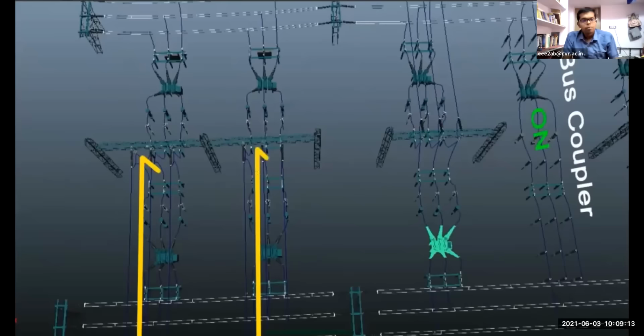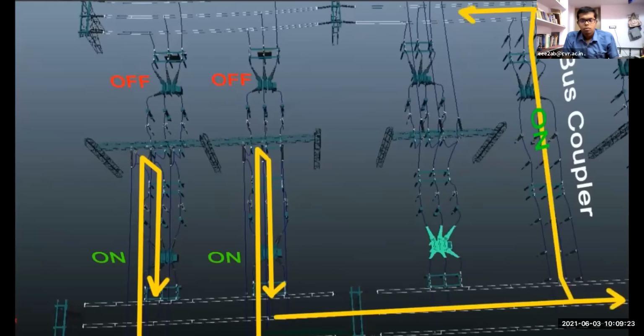As power is coming from these lines and also reaching this bus, if these breakers are at off position due to regular maintenance, both the buses are still charged due to the bus coupler. And we can switch off this breaker and isolate it from the rest of the system by operating the isolators without interrupting the continuity of the power flow.